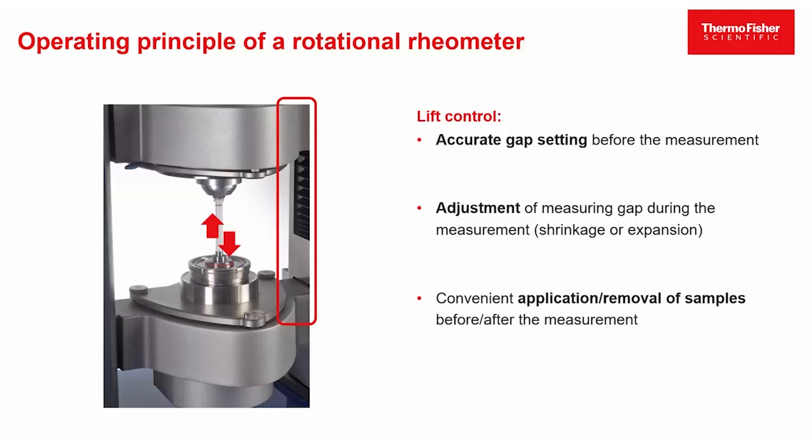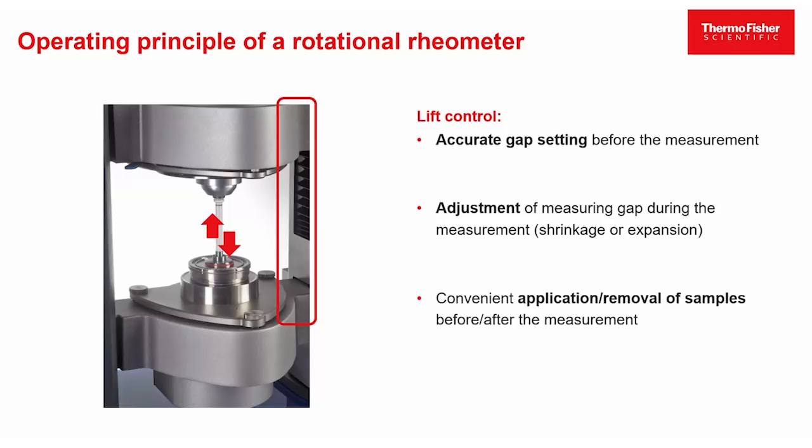Besides this, many rheometers are equipped with a high precision lift mechanism that allows an accurate control of the gap between the upper and the lower measuring geometry throughout the entire measurement. This is crucial as many rheological parameters highly depend on an accurate, controlled measuring gap.